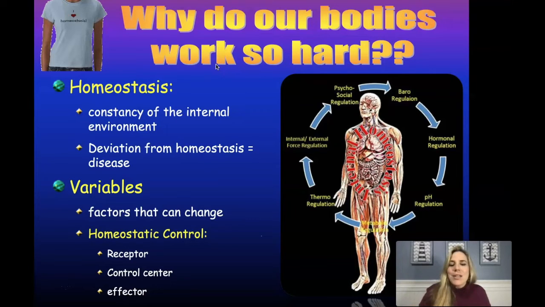So from the time we're created until the time we're dead, we are constantly undergoing many mechanisms of homeostasis. And the reason for this is because anytime we deviate too much from homeostasis, it causes disease. So you really can think of disease as being a breach from a homeostatic situation.